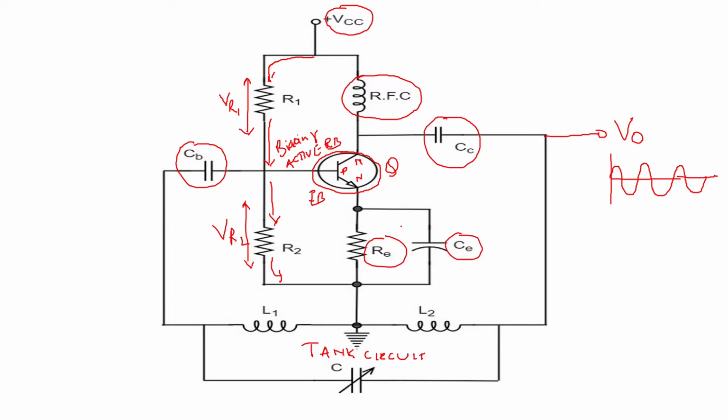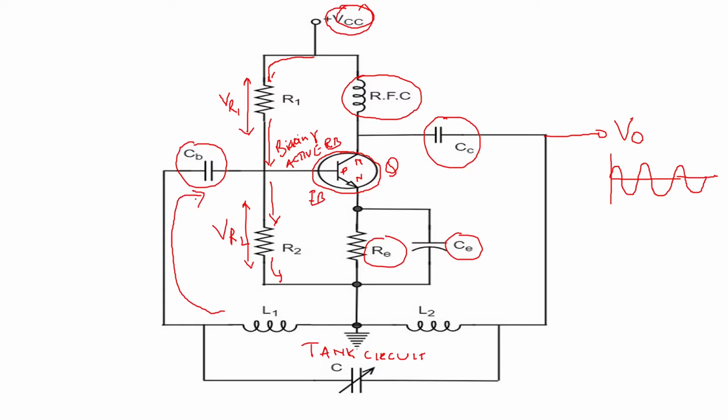Once the VCC supply is given, the capacitor is charged, and the tank circuit will start operating, and the biasing voltages will be given to the transistor, and the transistor will get an input from here. This is how it will start.